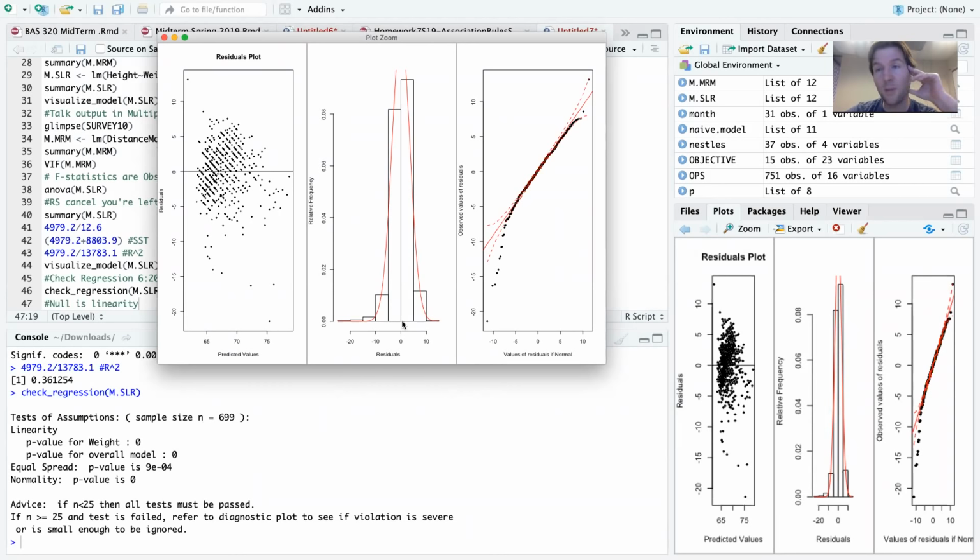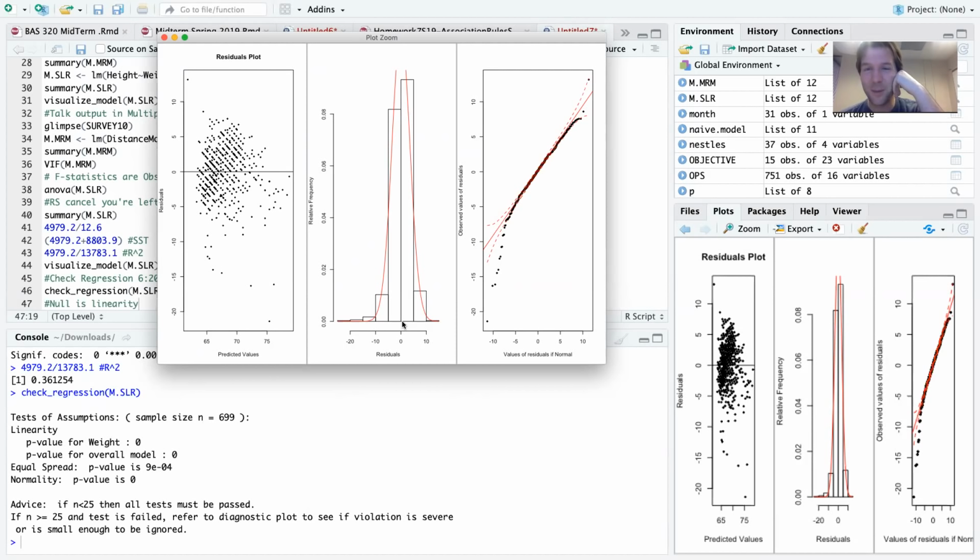Power relates to your sample size. The more sample size you have, the more power you have. And basically, all models are wrong, but some are useful. So our model's wrong, and we'll find that out if we have a large enough sample size. We'll fail it. If you have a model with like 1,000 data points, if you pass all the assumptions, I'd be like, wow, how in the world did you pass the assumptions with your 1,000 sample size? And then we'd have to look to see if your model is actually meaningful to us in other ways.